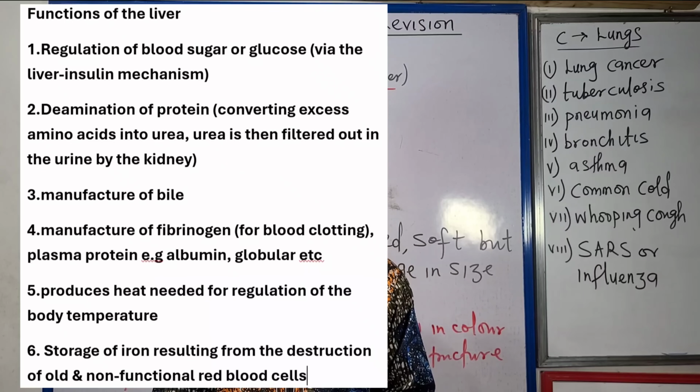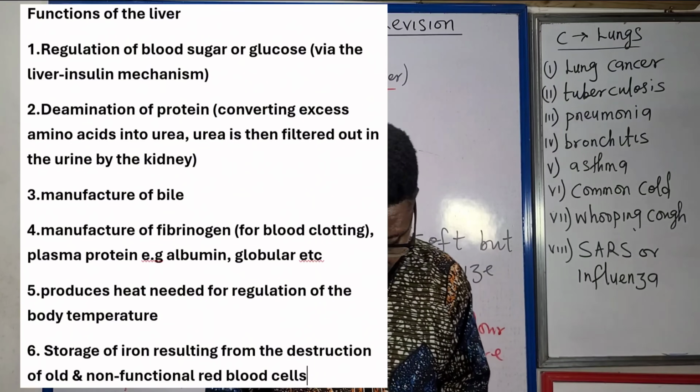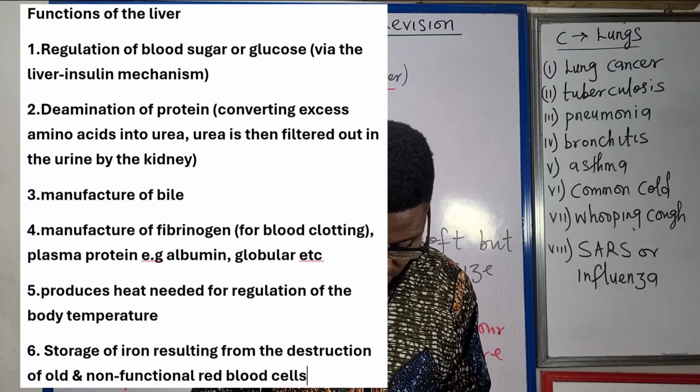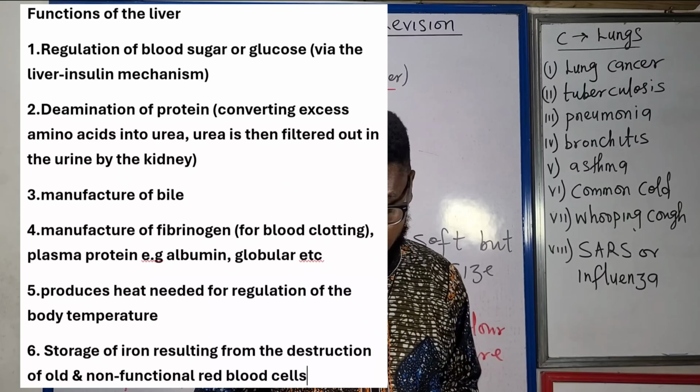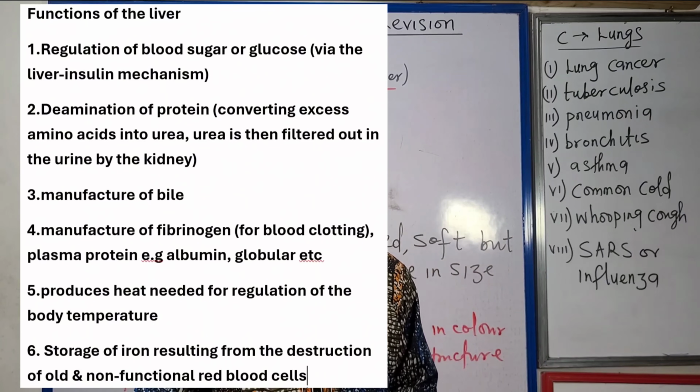Yes, it produces fibrinogen, things like globulin and the likes. And also the liver produces it, which is distributed to all parts of the body. That's talking about distribution of it.